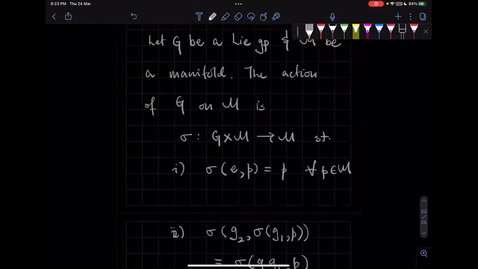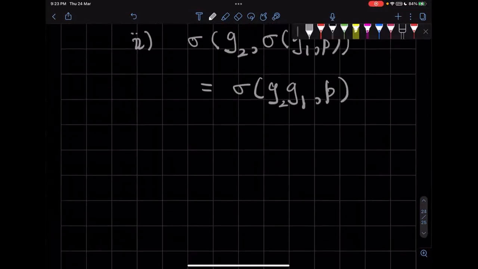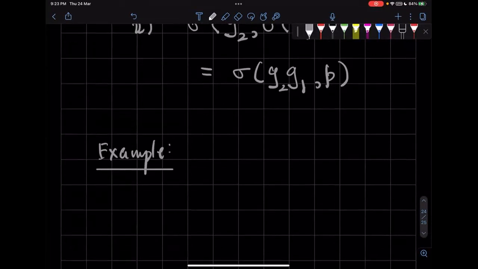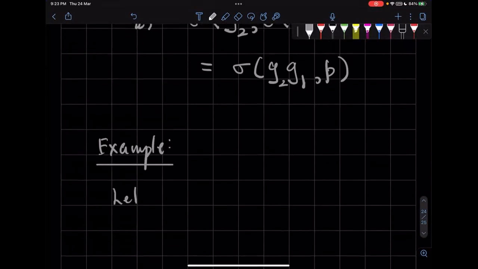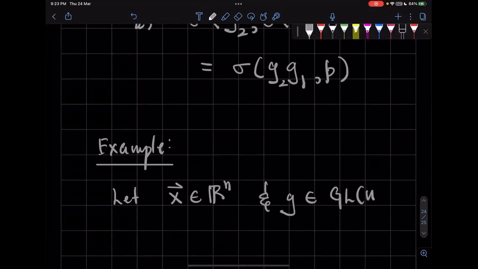Okay, let me give you an example. So let X be a vector in Rn, and say G be an element of GLn(R).